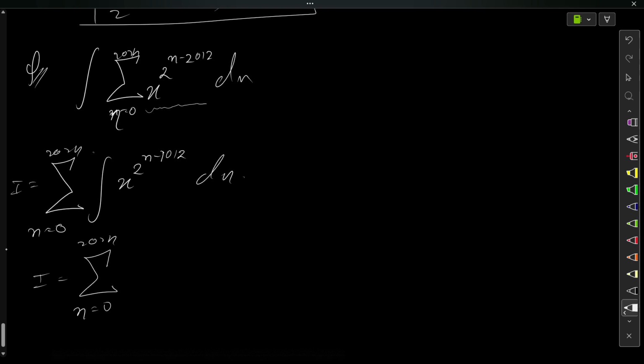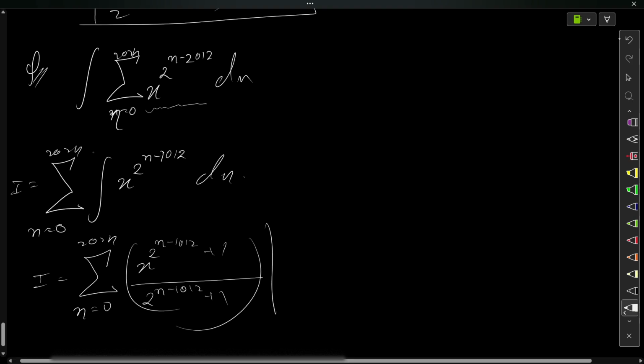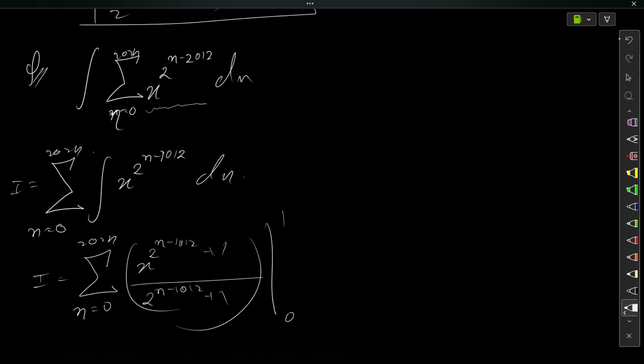So this could be written as x to the power of 2 to the power n minus 1012 plus 1 with respect to x, with the limits from 0 to 1.